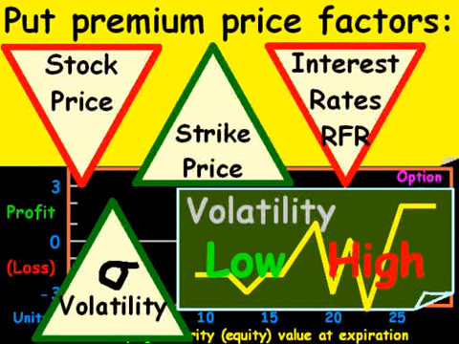Typically speaking, the lower the volatility, the lower that component of the put premium is going to be. And the higher the volatility, the higher the put premium is going to be, all else being equal.